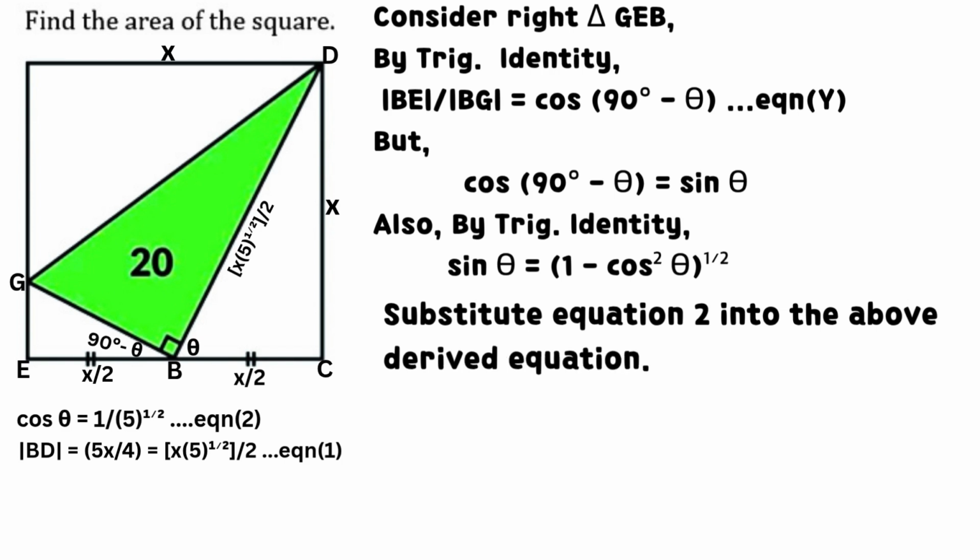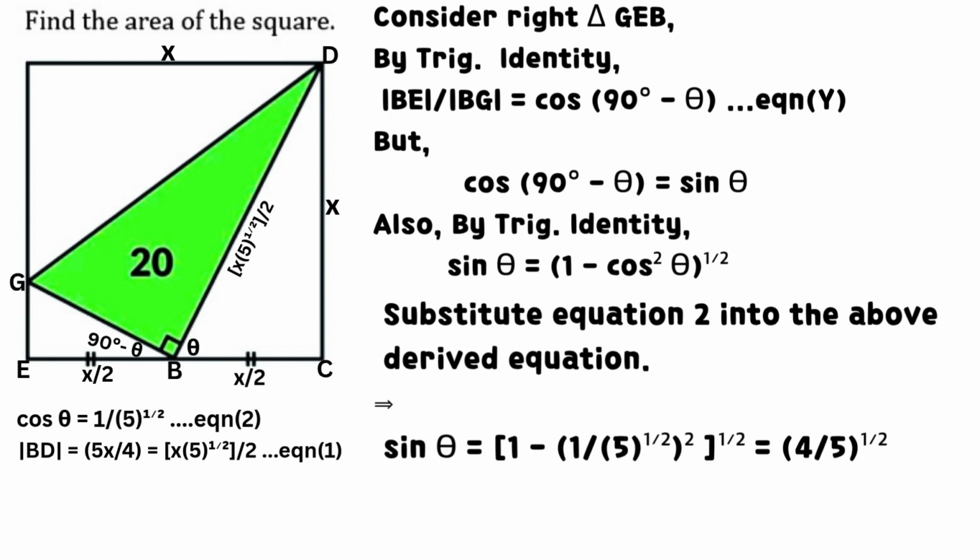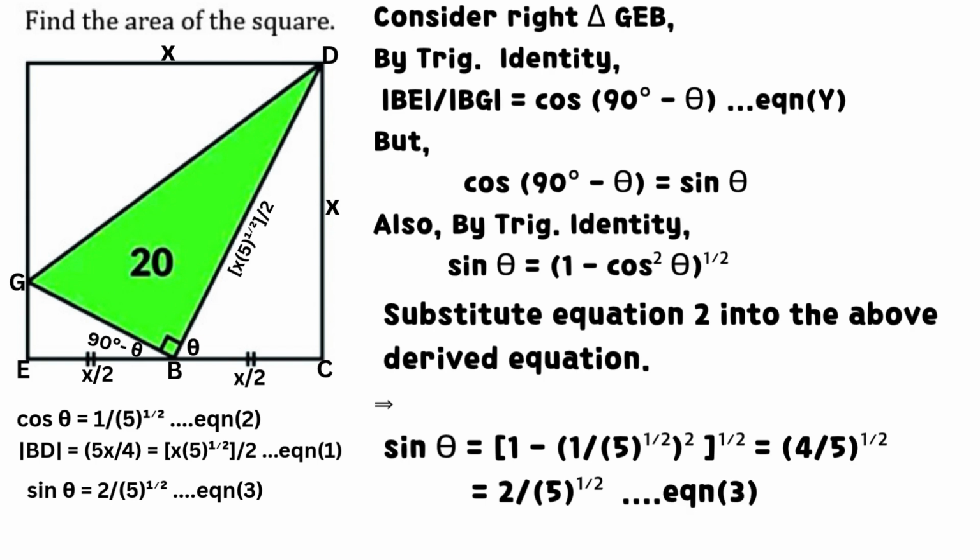Substitute equation 2 into the above derived equation. This implies that sine theta equals the square root of 1 minus the square of the square root of 1 divided by 5, which equals the square root of 4 divided by 5. The result equals 2 divided by the square root of 5. We call it equation 3.